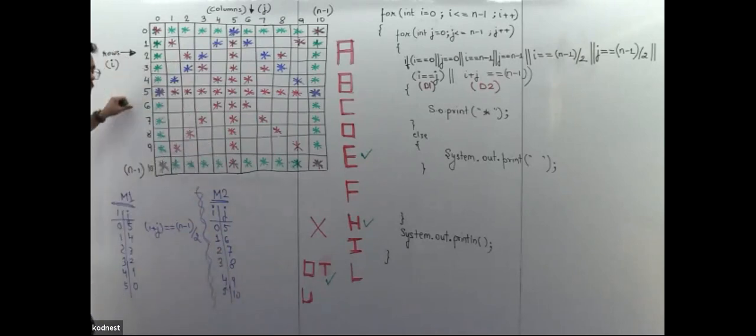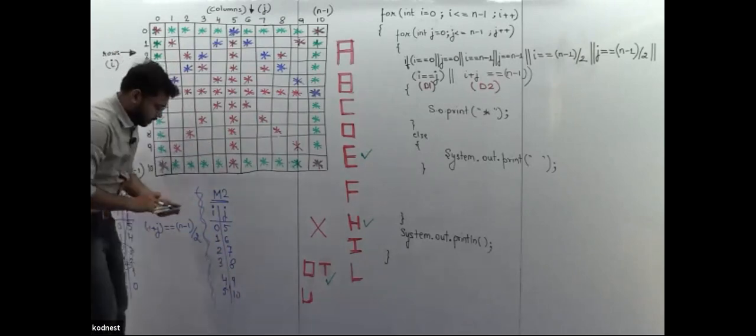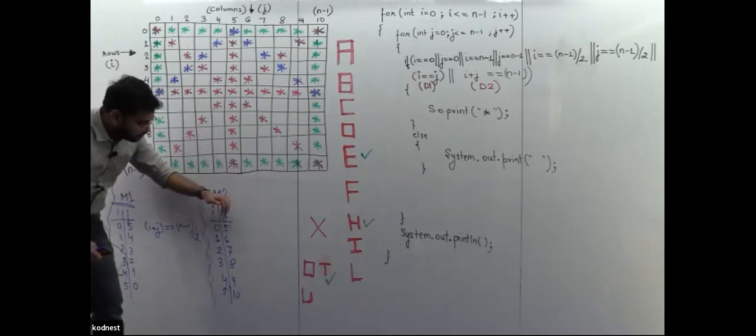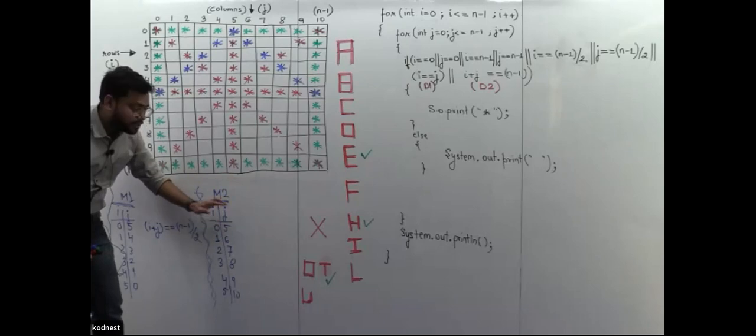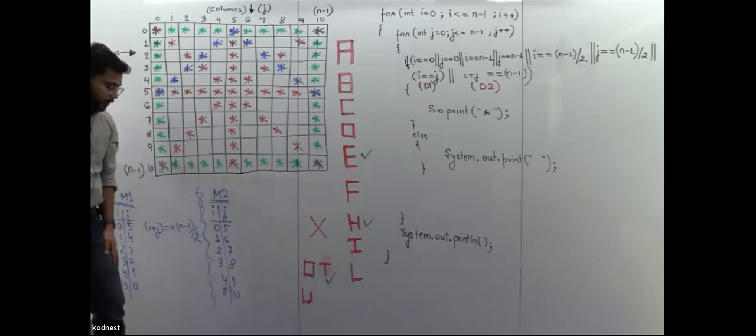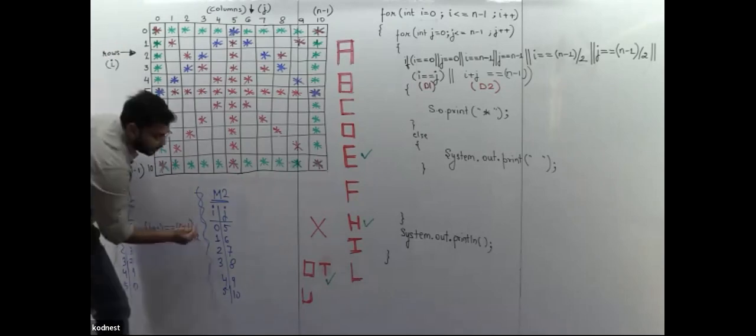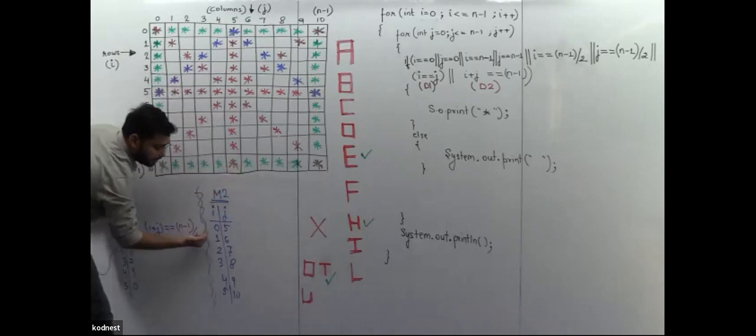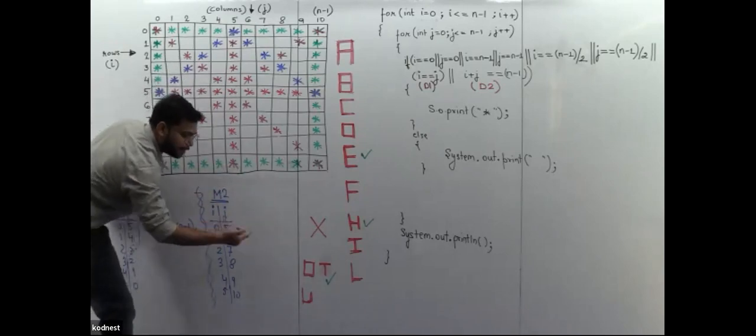Now if you notice, 0 plus 5 is 5. 1 plus 6 is 7. 2 plus 7 is 9. Oh, it is changing. It will not work like that. Addition is not working. Let us try with subtraction. 0 minus 5 is minus 5.